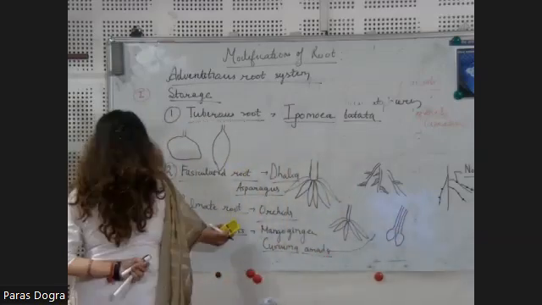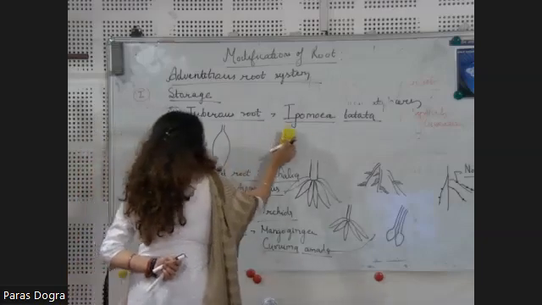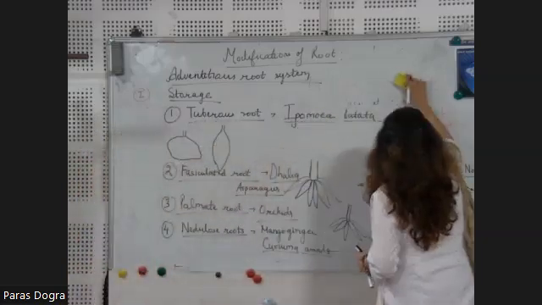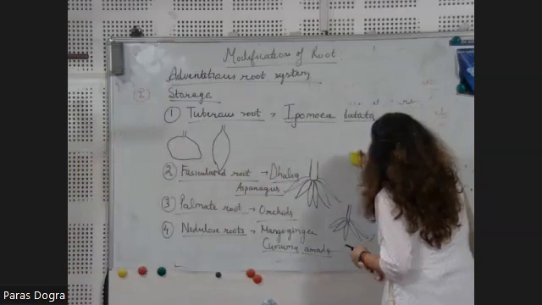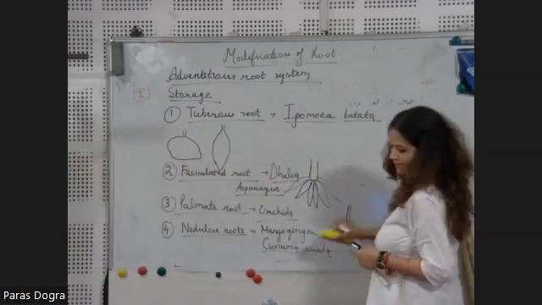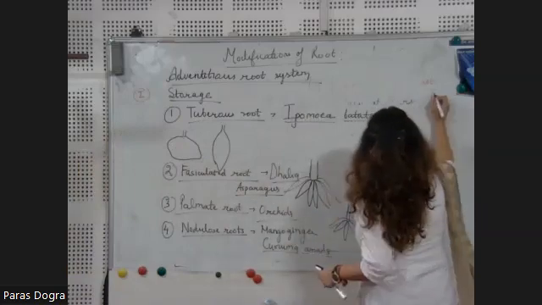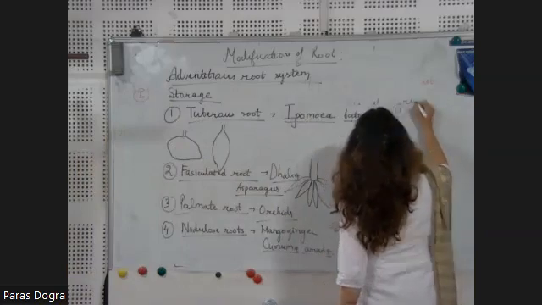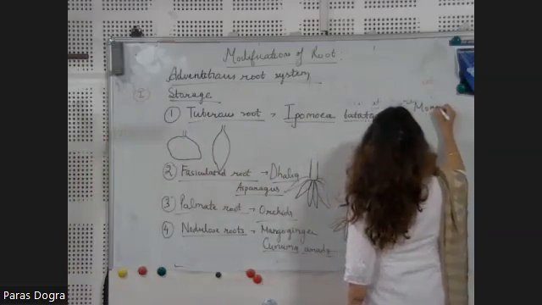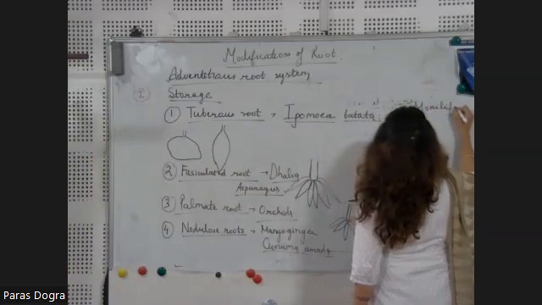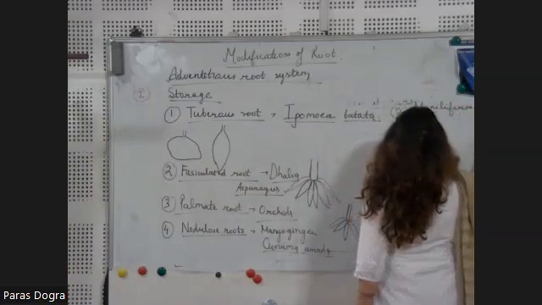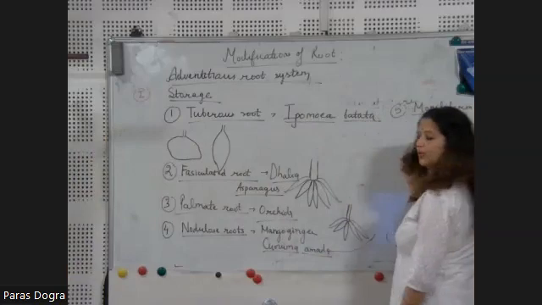Okay. Then comes the next, the moniliform roots. So the fifth one is moniliform root. What happens in moniliform roots?